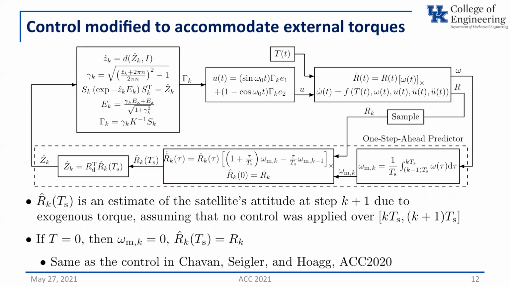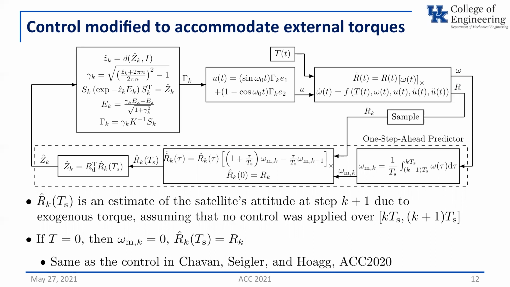To address set point tracking with an admissible control in presence of external torques, we modify the previous algorithm to use angular velocity feedback along with the attitude feedback. At time kT_s, we use the angular velocity data over the interval (k-1)T_s to kT_s to compute the mean angular velocity omega_mk.